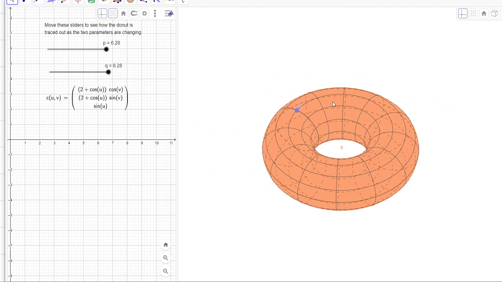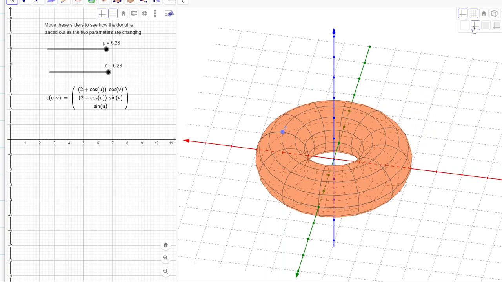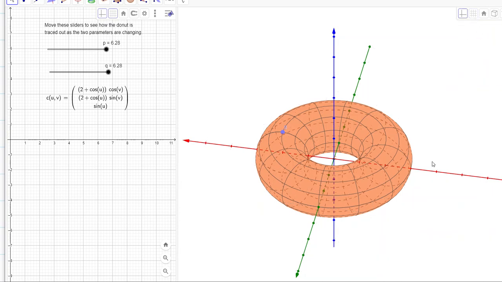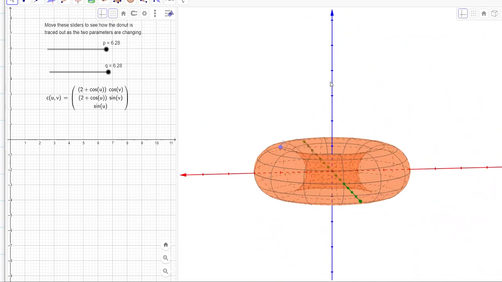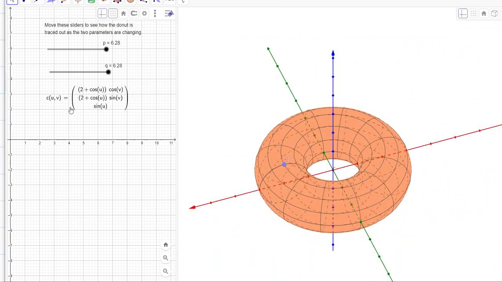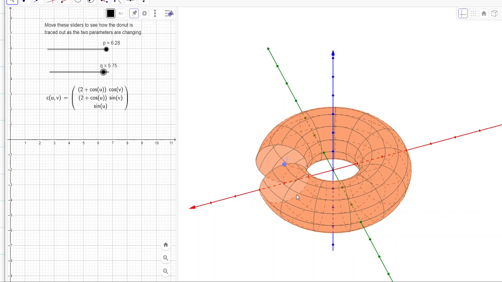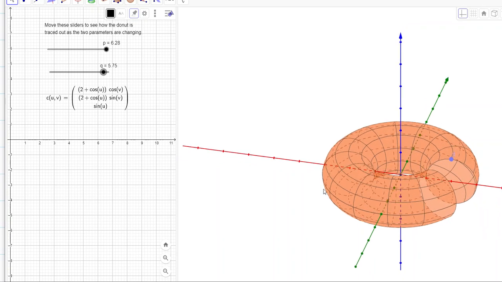So there is a torus right here. I sketched this graph using GeoGebra.